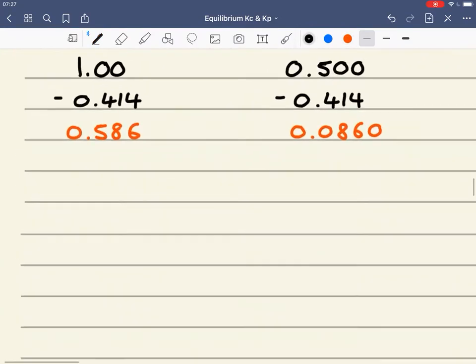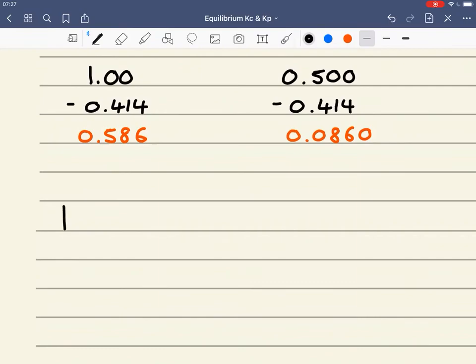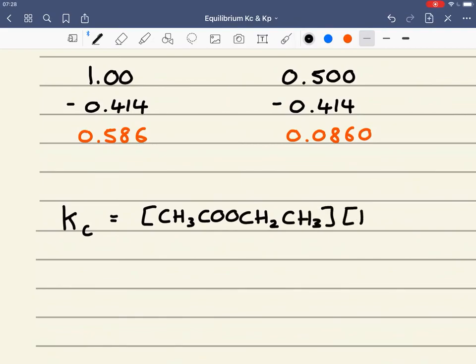I'm now going to write an expression for Kc. And Kc is the concentration of the products divided by the concentration of the reactants.